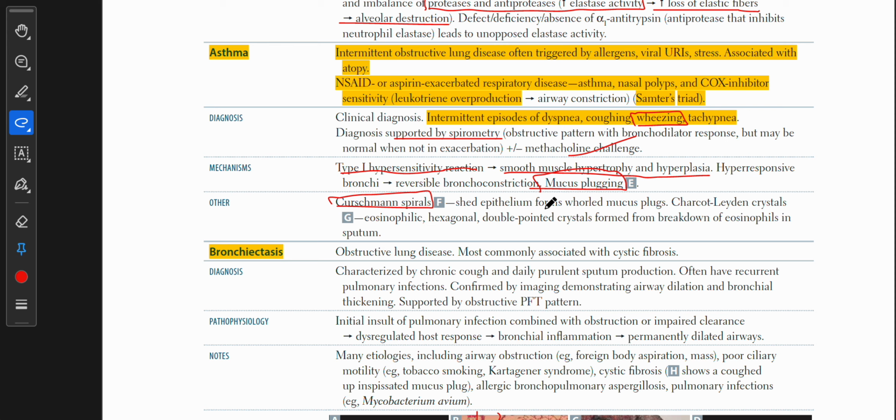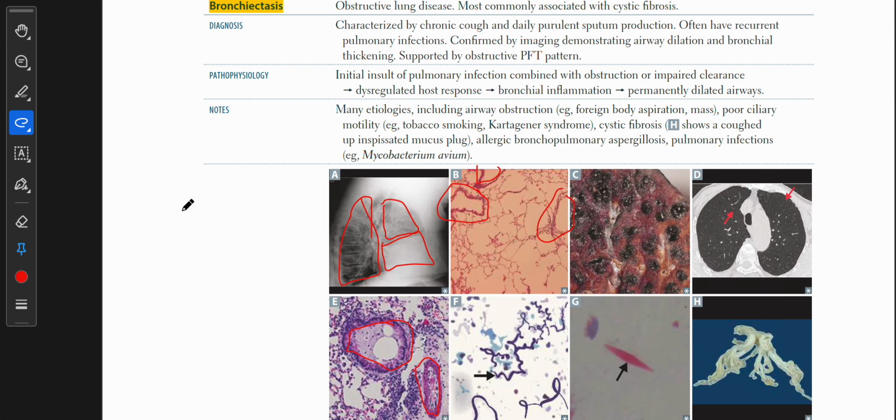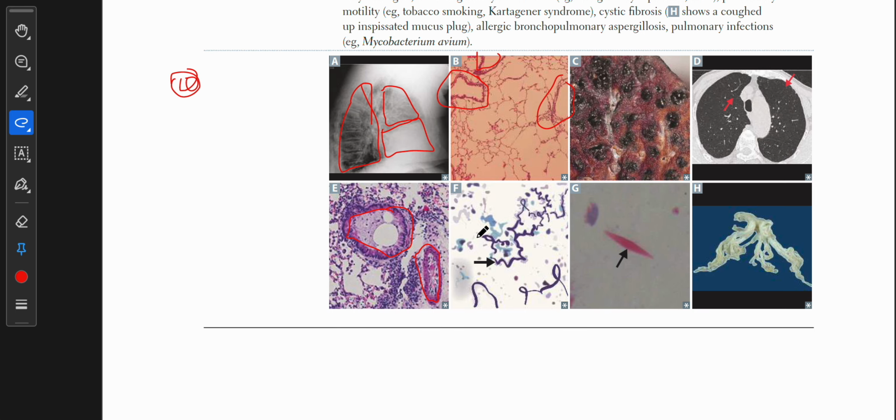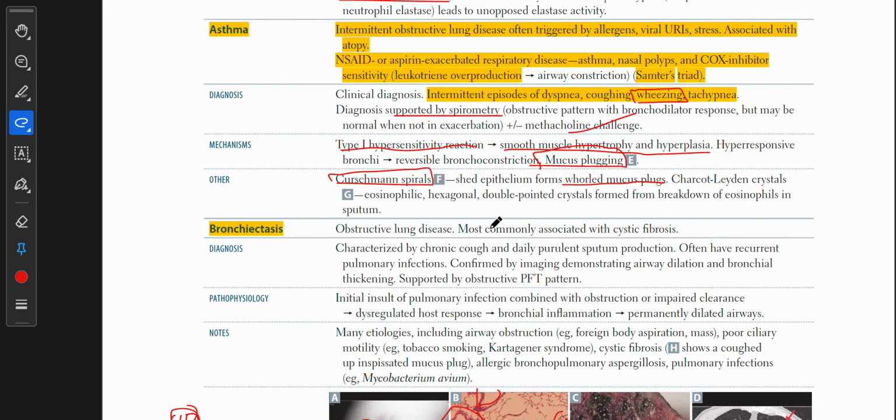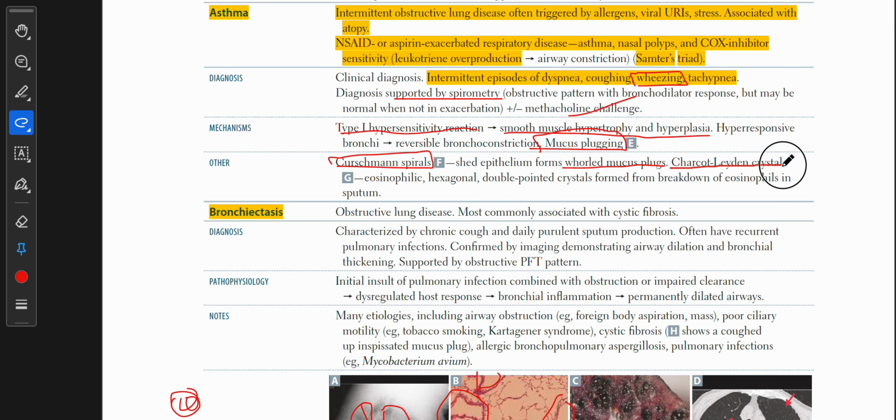In figure F, the epithelium forms whole mucus plugs. There are whole mucus plugs like this. You can see Curschmann spirals. These are Curschmann spirals right here. And also Charcot-Leyden crystals.